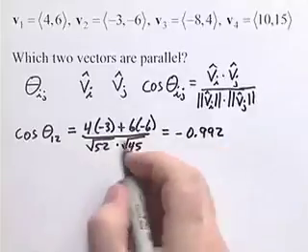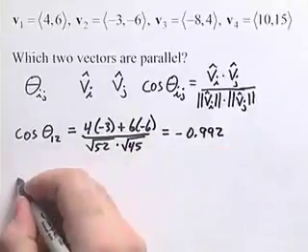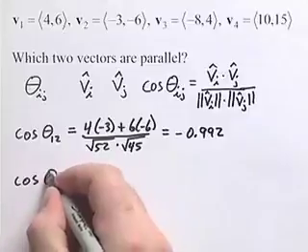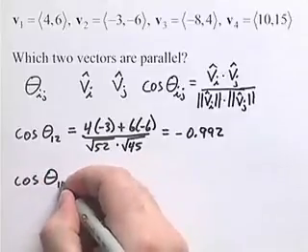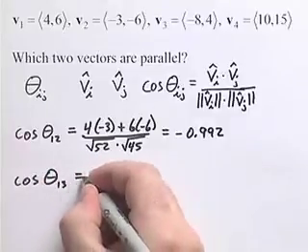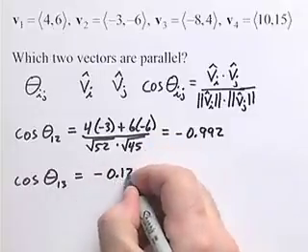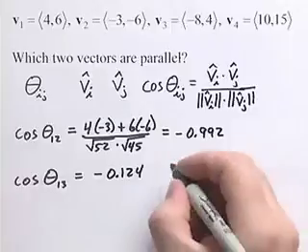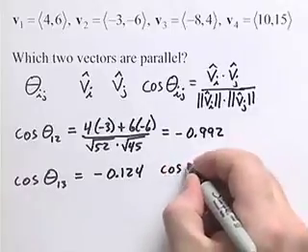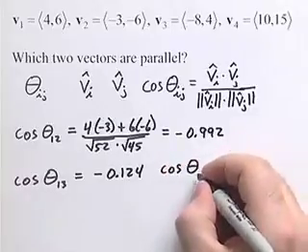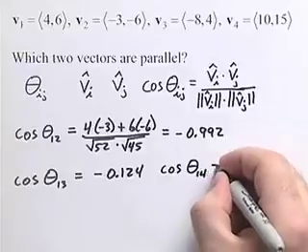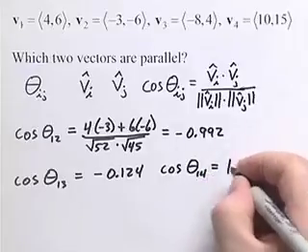If we proceed in the same way for the remaining pairs, we'll get that the cosine of theta for vectors 1 and 3 turns out to be negative 0.124. Cosine of theta for vectors 1 and 4 turns out to be 1.